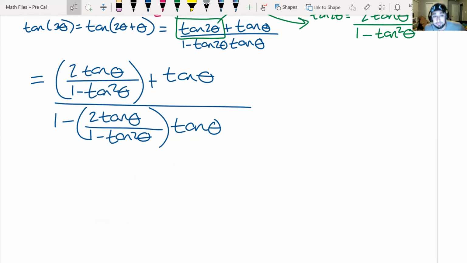Just awful, huh? Okay, so what we're going to do next is we have to combine the numerator.